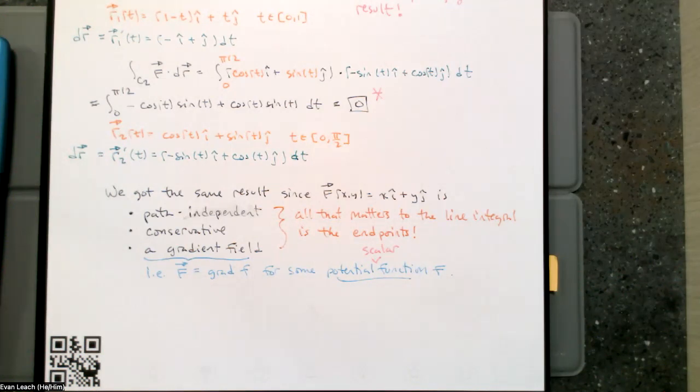And it's not difficult to see in this case what the potential function is. The derivative with respect to x is x, and the derivative with respect to y is y.